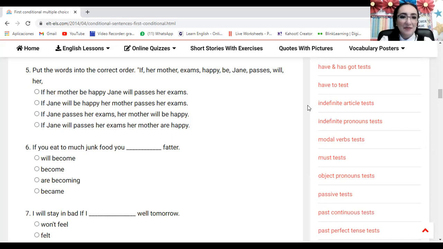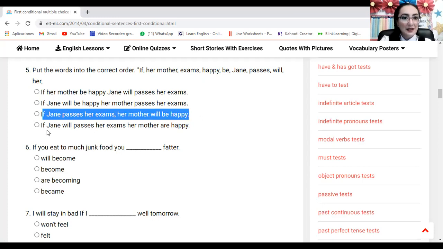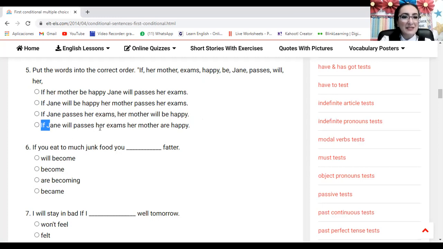If Jane will be happy, no. If and will almost together, no. If Jane passes her exams, her mother will be happy. Excellent. Because if Jane will pass, no, never ever in life. How am I going to use will and present simple rules? No, never ever.